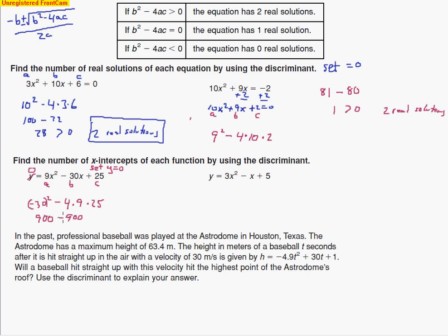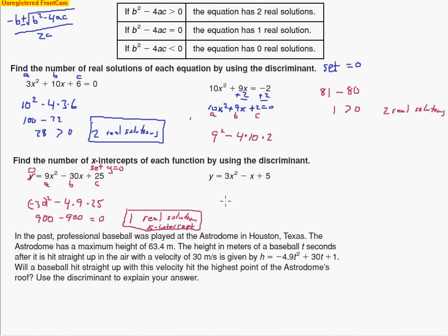And so here we have to subtract, because a and c are the same sign, so that means we only have one negative, an odd number of negatives, which equals 0. So that means we have one real solution, or, I guess, one x-intercept. So I'll write them both down there. One real solution, or one x-intercept. That's what they're asking for there. How many x-intercepts do we end up having? And there is our answer.